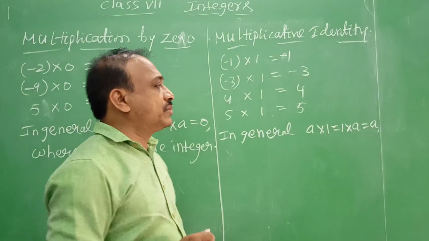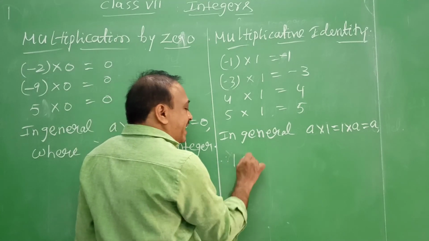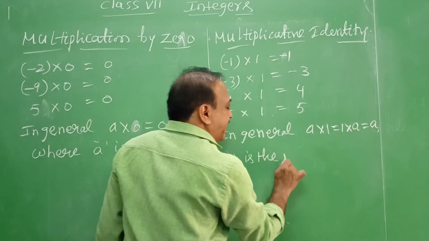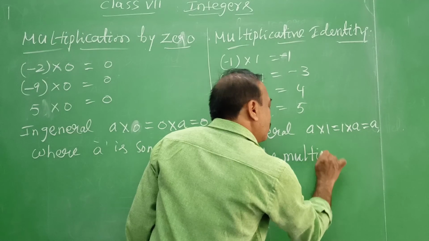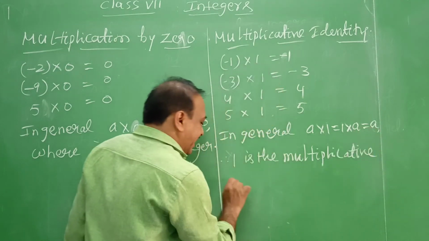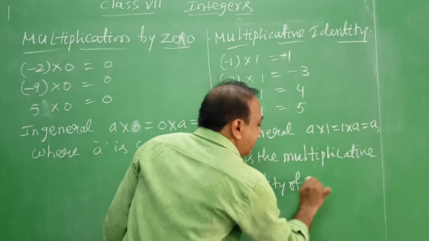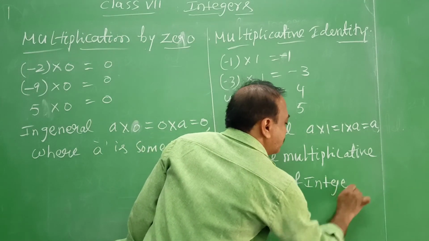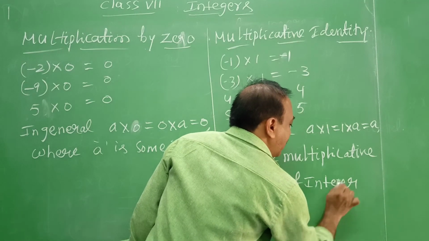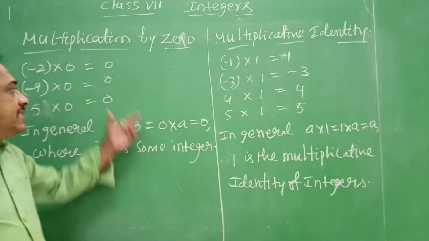Therefore, we call 1 the multiplicative identity of integers.